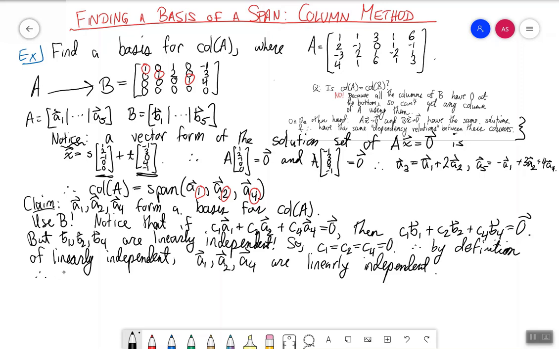Therefore, they form a basis, since we already know they span.